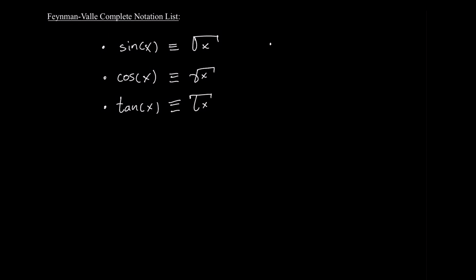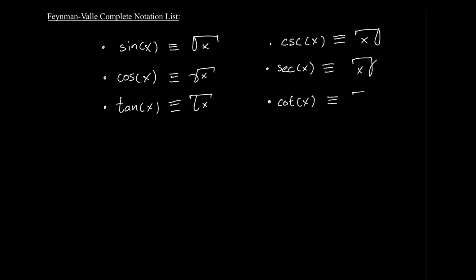If you don't remember the full motivation for why we might choose this notation, you can look in the description for a link to the last video, to see why we might choose a different style of writing over the classic conventional cosecant CSC of x, SEC for secant of x, and so on and so forth. And we have the last one, cotangent of x, and that was defined as, there you go.